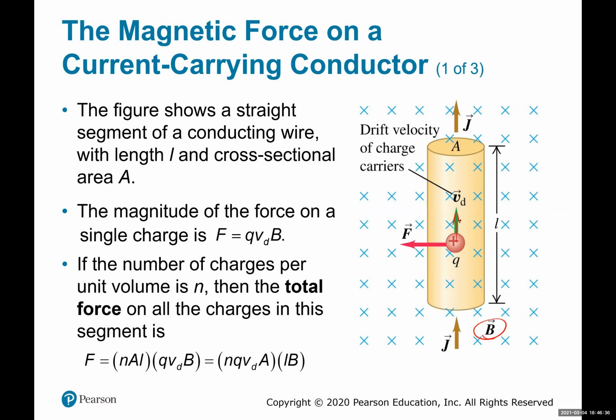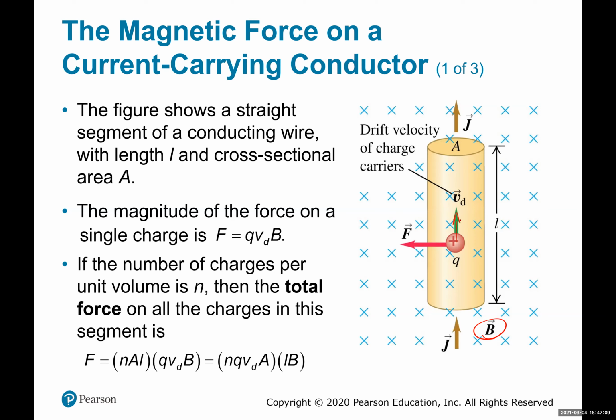Now, the drift velocity is what it is because the charge carriers collide with the molecular lattice of the conductor. There's a net motion up because there's a random thermal motion bouncing around, hitting the fixed pieces of the molecular crystal structure of the conductor.